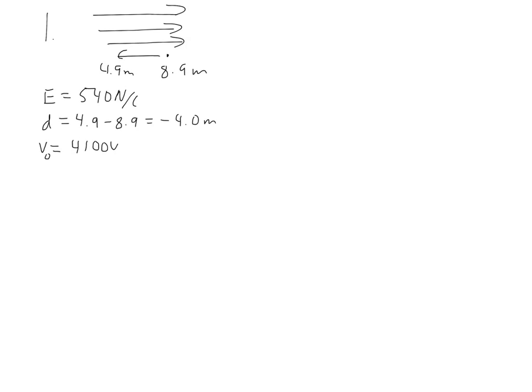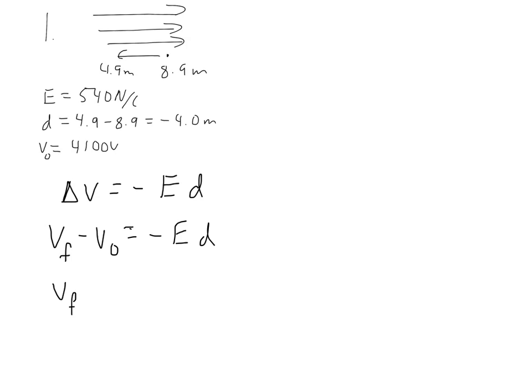So the equation we're going to use is delta V equals negative ED. So we get delta V is VF minus VO equals negative ED.